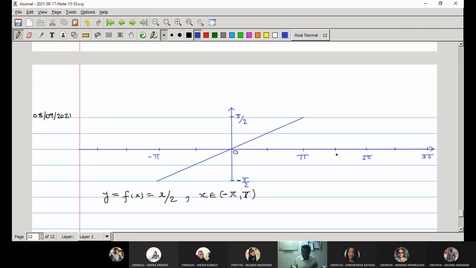So we have pi, 2 pi, 3 pi, and here we have negative 2 pi. Now, negative 3 pi will be far somewhere there. So you see that I will not be able to represent enough, right? But if I reduce it here, I'll be able to represent a lot more functions.